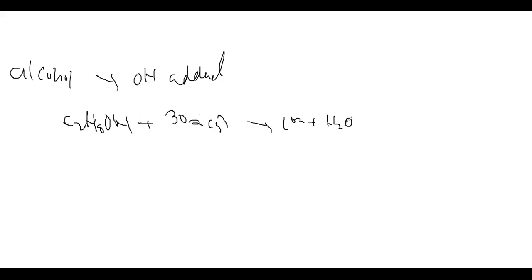Another reaction of ethanol is oxidation, and that's also important. Now, oxidation basically means if you take this alcohol C2H5OH, and you react that with, let's just say, O2 gas.